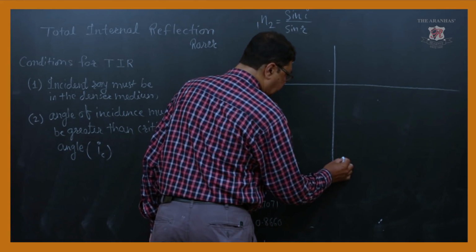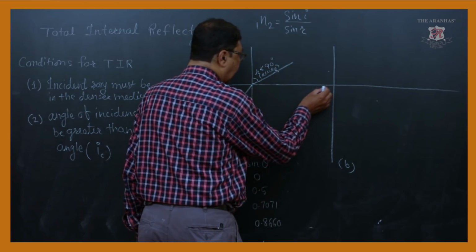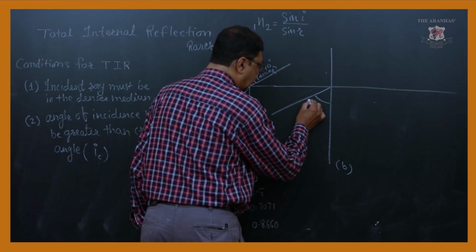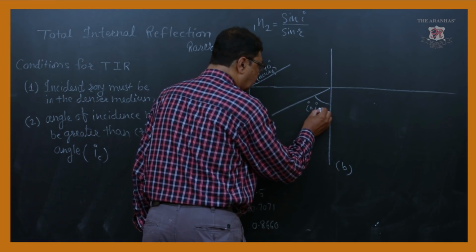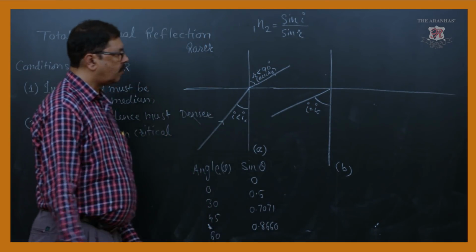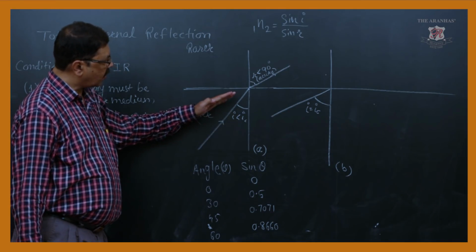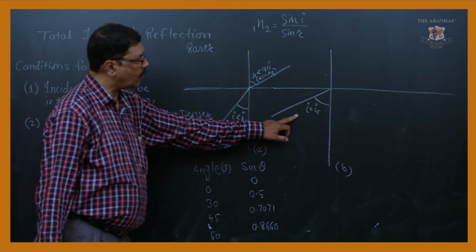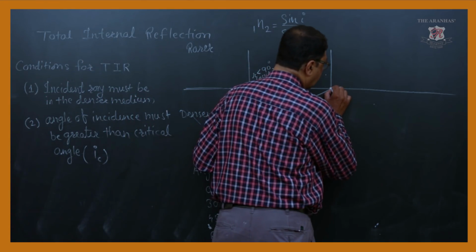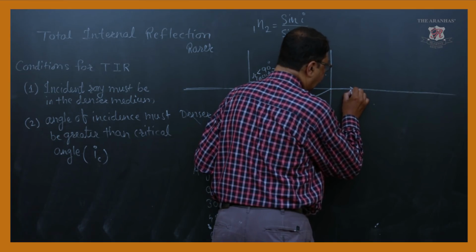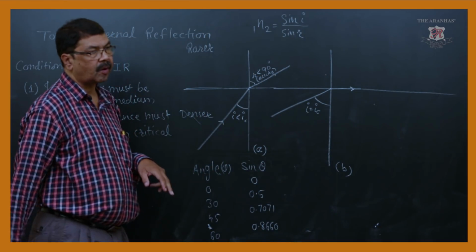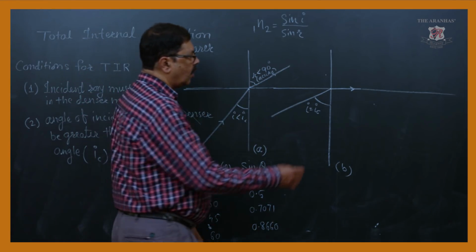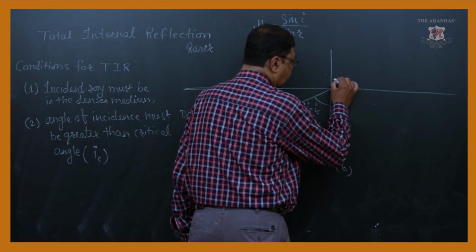Refer to diagram B. I increase the angle of incidence. I am labeling it as now I equal to IC. If I increase angle of incidence, this is also going to increase. For a particular value of angle of incidence, the refracted ray travels along the surface of the media, between the two media. What is angle of refraction here?